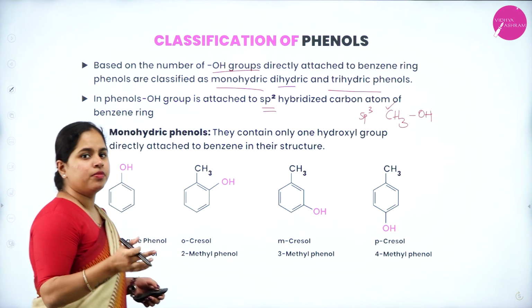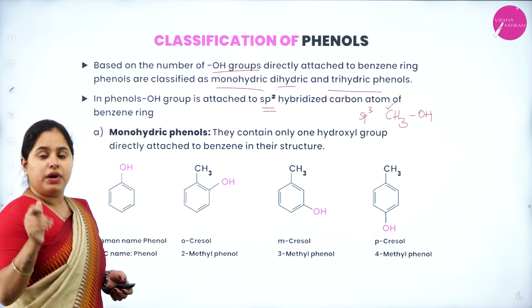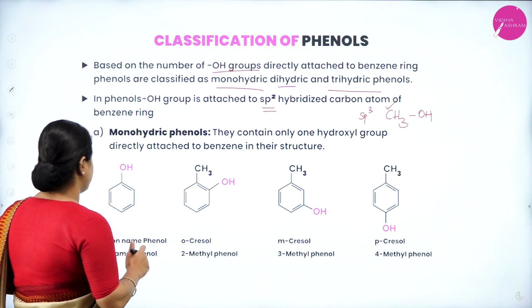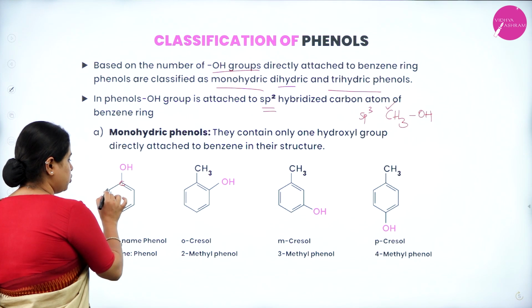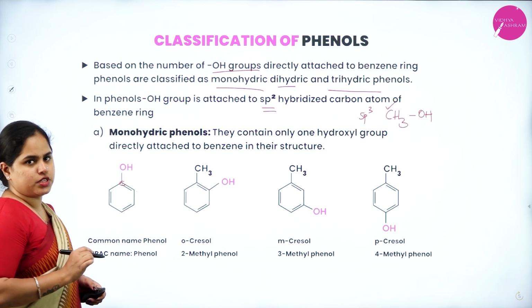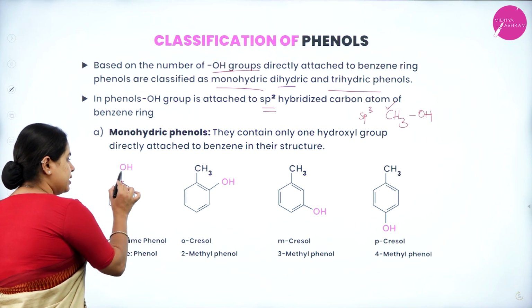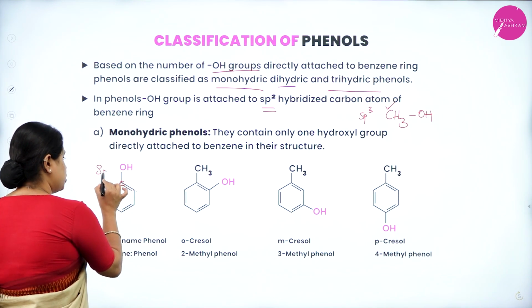But in case of phenols, it is attached to an sp2 hybridized carbon atom. This is a phenol which is shown here. As you can see, this carbon atom is further attached to 3 other atoms, so it is sp2 hybridized.